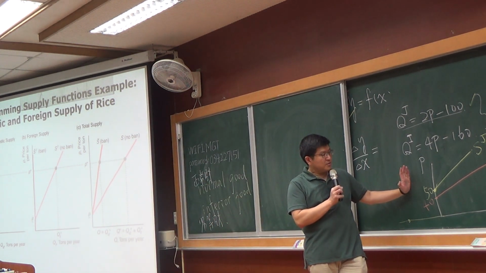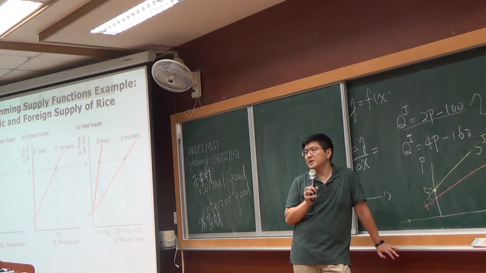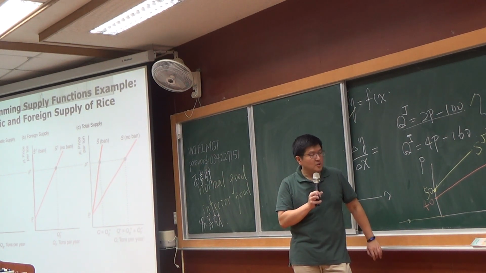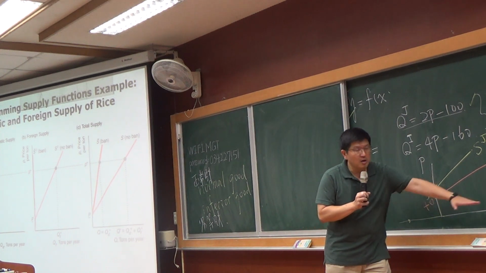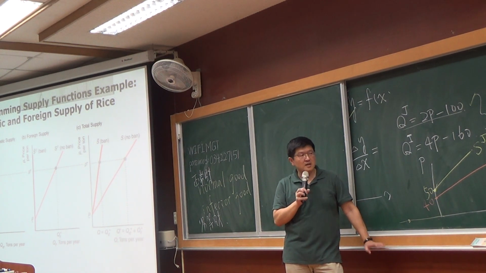So how to sum these two supply curves up? We are summing them along the quantity axis, the horizontal one.